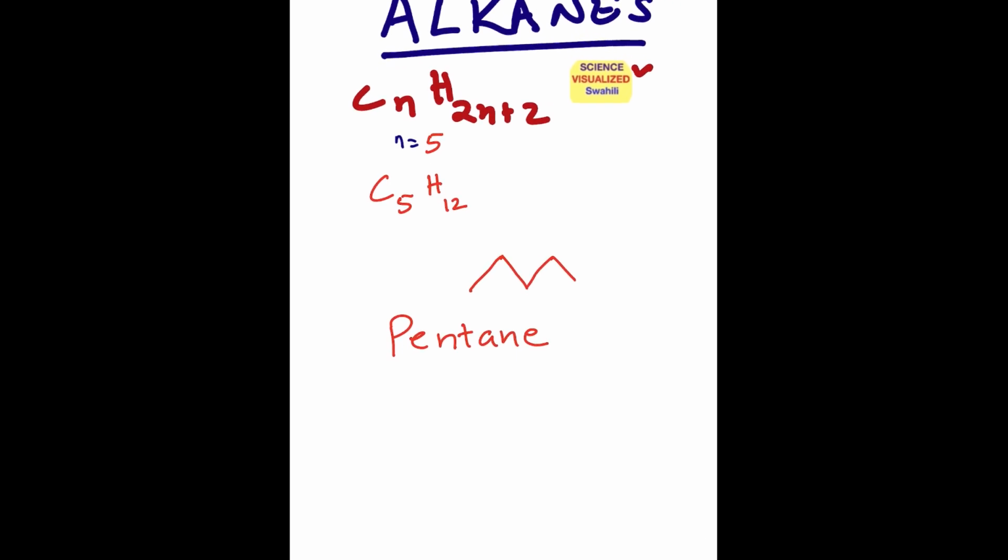If it's a cyclic alkane, then you lose 1 hydrogen on both ends, and then you connect those 2 ends together, and now you end up with a structure like that: 1, 2, 3, 4, and 5, and the name for that is cyclopentane, so you add cyclo.